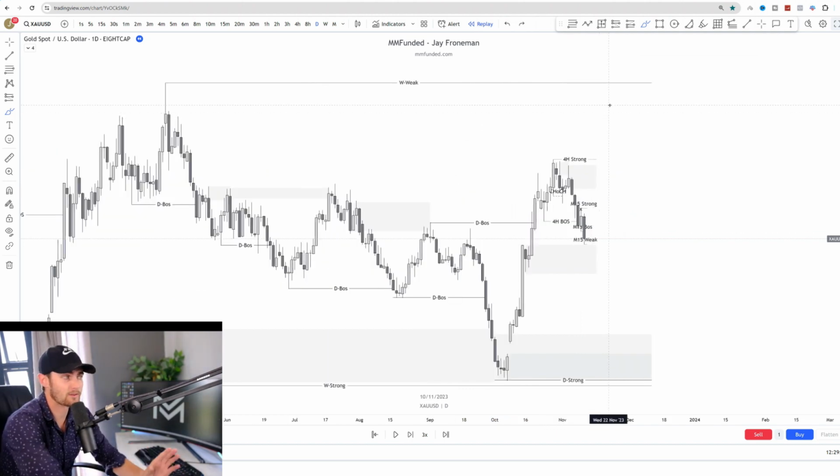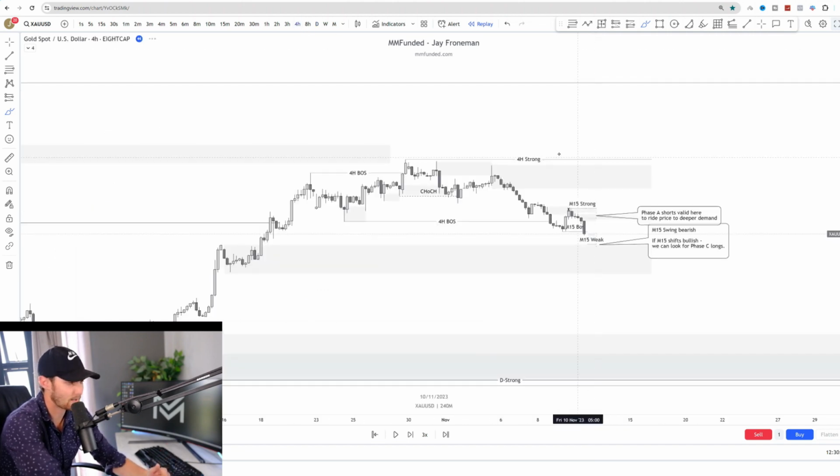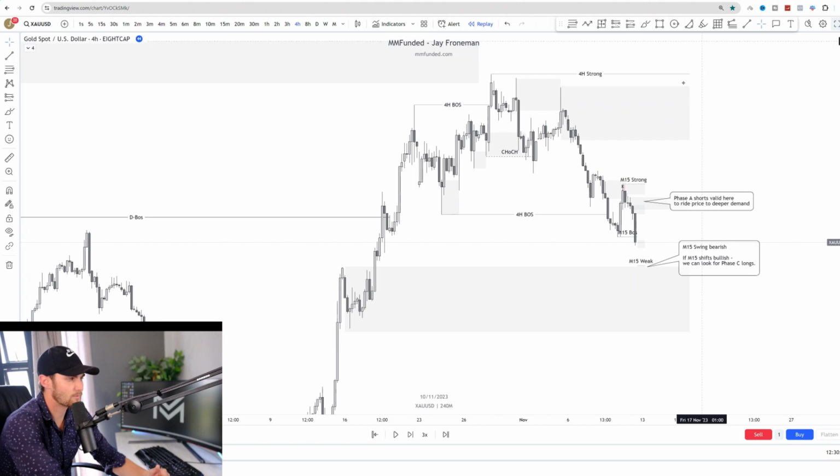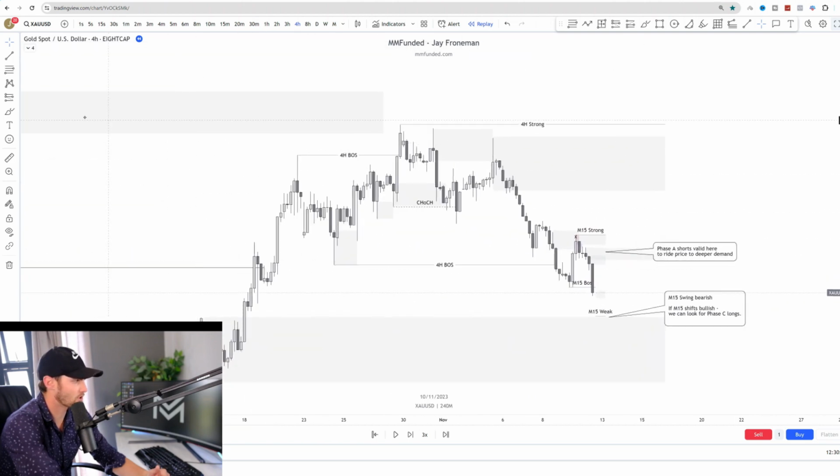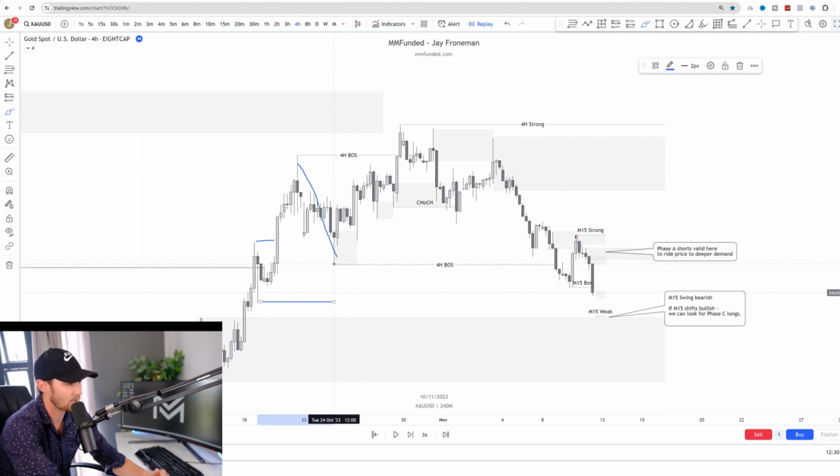Using the power of 3, from the weekly we go to the daily, from the daily we go to the 4 hour time frame. Okay, so immediately after that previous daily break of structure, if we have a look at the 4 hour structure, 4 hour break of structure, 4 hour pullback, 4 hour strong protected lows, internal shift to the upside, internal pullback into demand to continue targeting those weak highs.